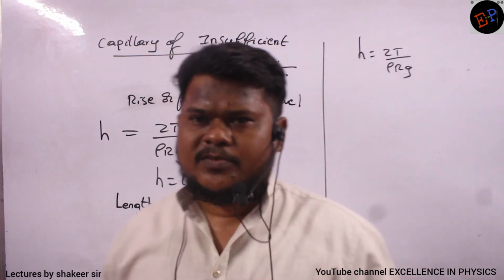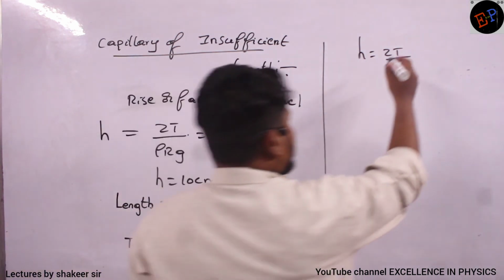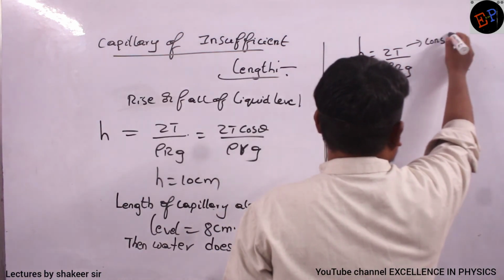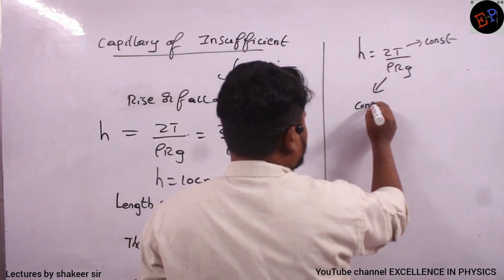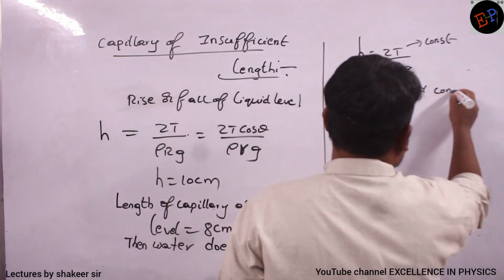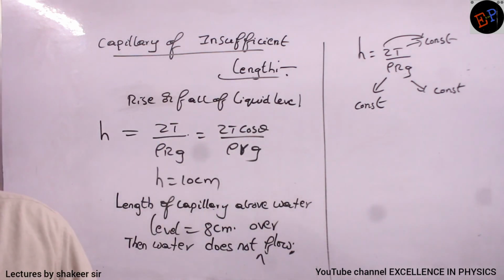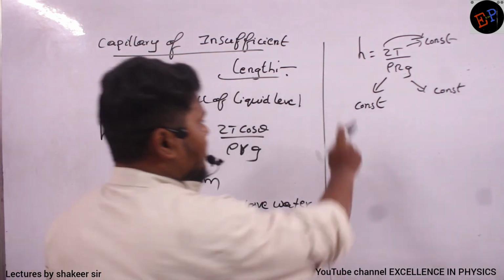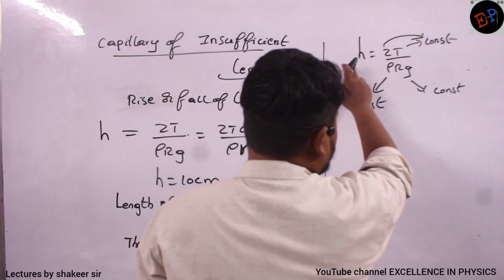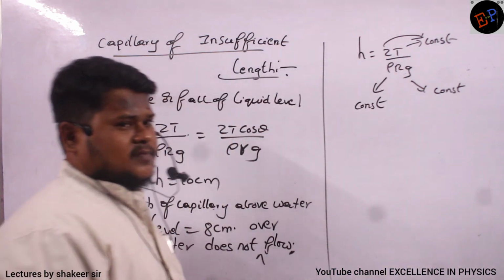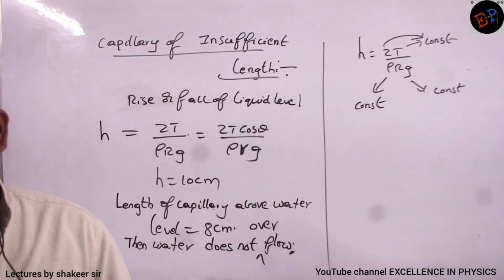Here which are the constants? T is a constant, rho is a constant, g is a constant, 2 is already a constant. So what are the terms which are not constant here? Height of the liquid column or capillary rise, and radius of the liquid meniscus. These two are not constant.